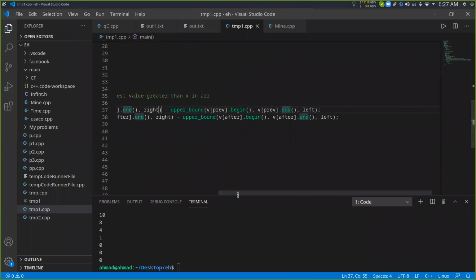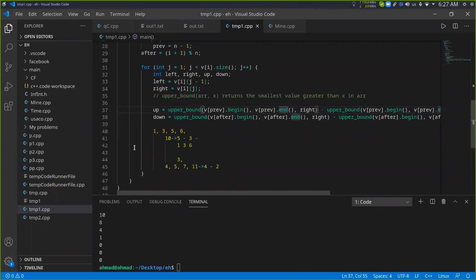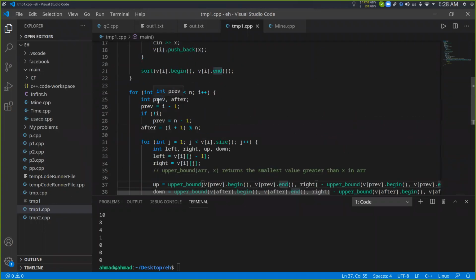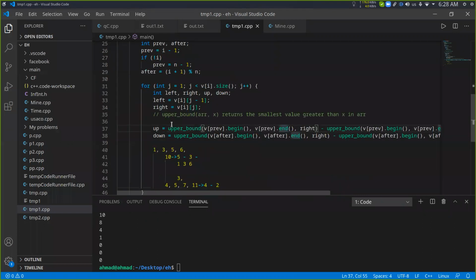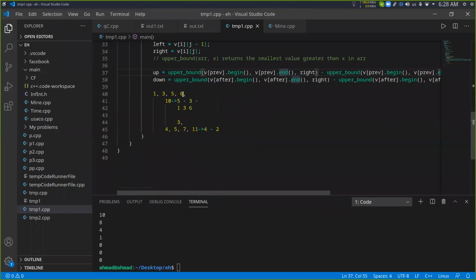So up should now store the number of bridges intersecting this cell at the previous array, and down should store the number of bridges intersecting this cell at the after array. But let's handle this case.